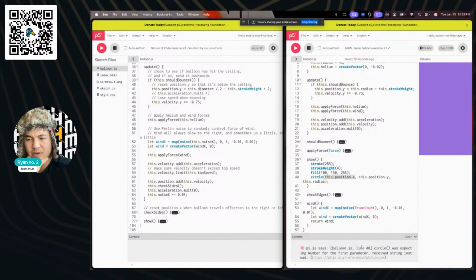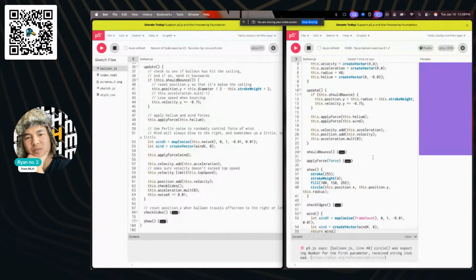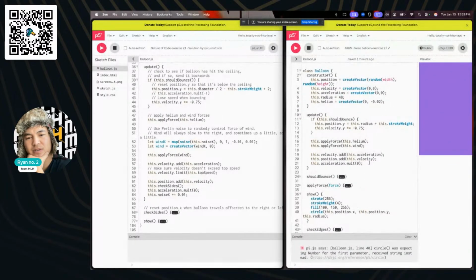I'm not entirely sure what happened there. Well, it must have been something we've done. So let's look at where position has been used.